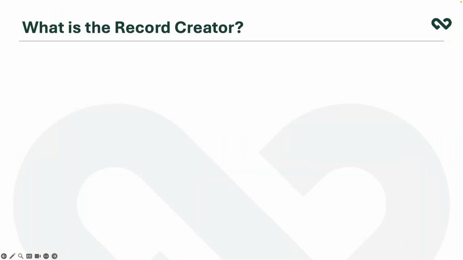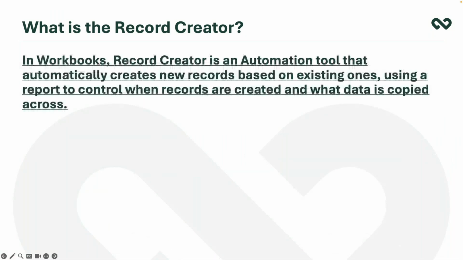So, what is the record creator? In Workbooks, Record Creator is an automation tool that automatically creates new records based on existing ones, using a report to control when records are created and what data is copied across. It's a free of cost plugin available to all Workbooks customers.